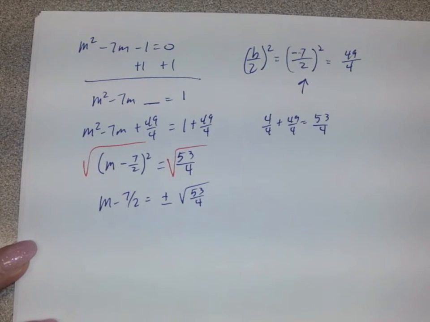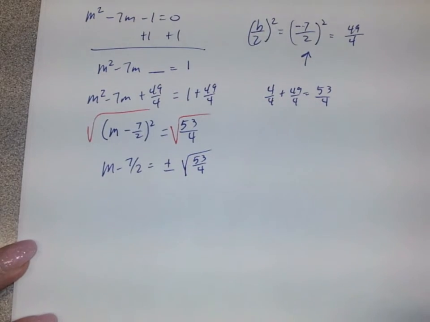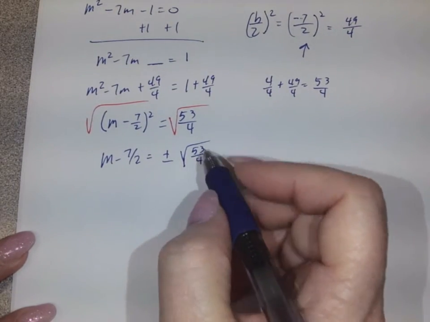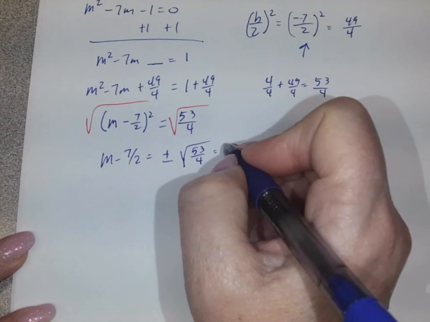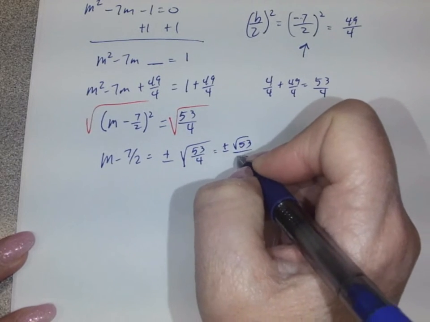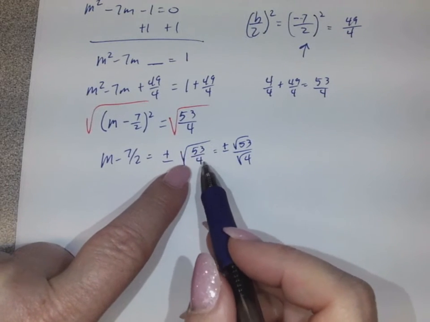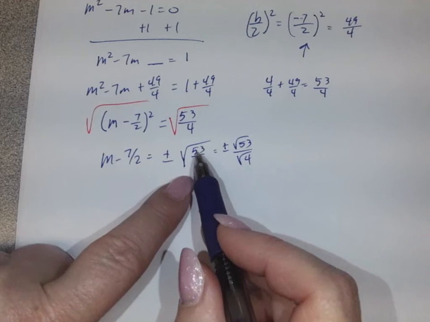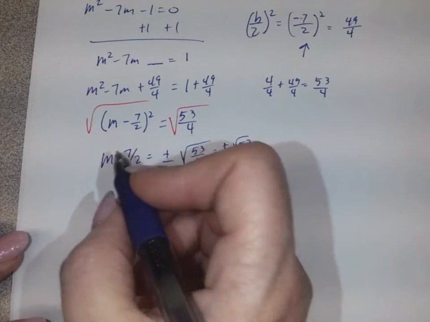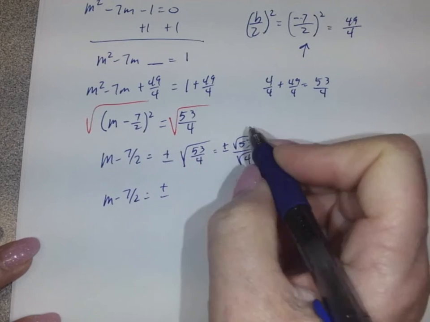So now let's reduce this down. Remember, this is the same as plus or minus the square root of 53 over the square root of 4. We've learned this before where we can separate the radical out. So this will get us m minus 7/2 is equal to plus or minus the square root of 53 over 2.